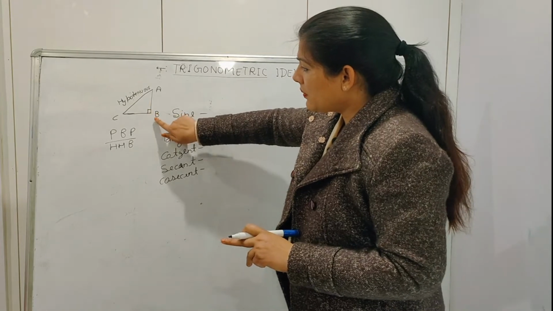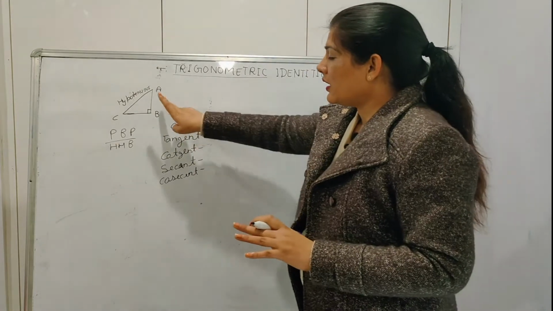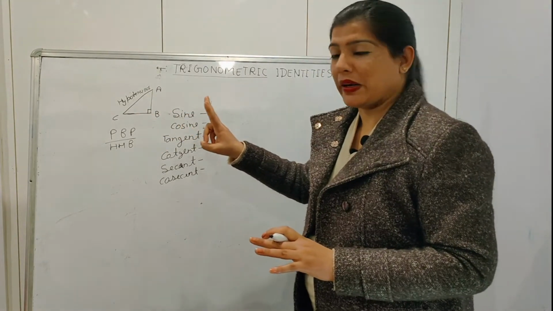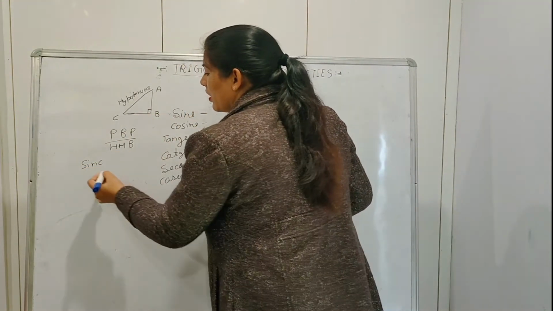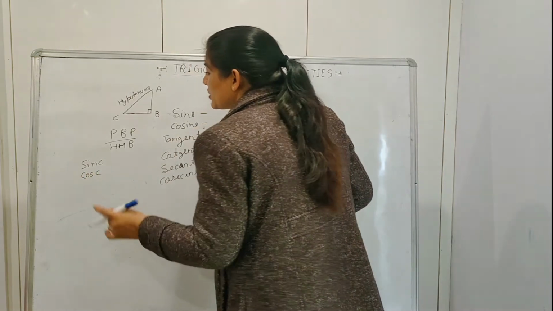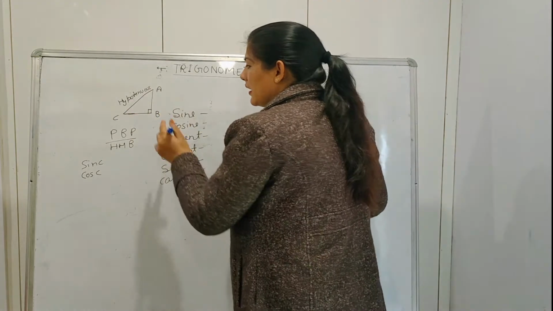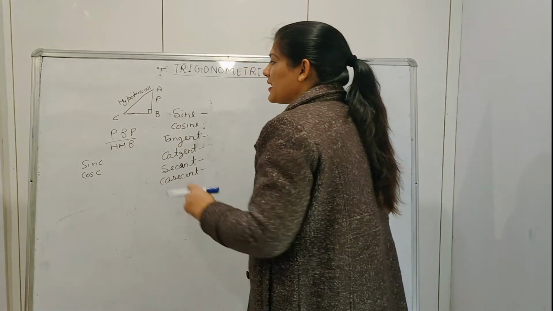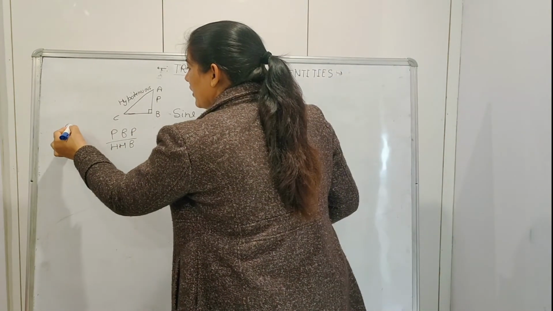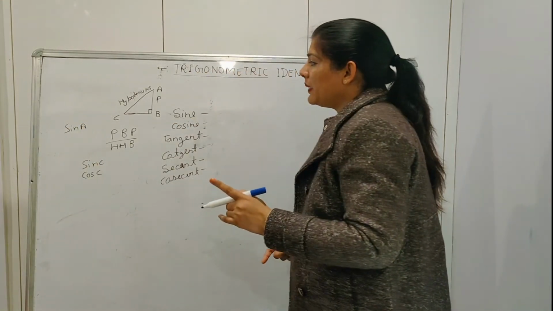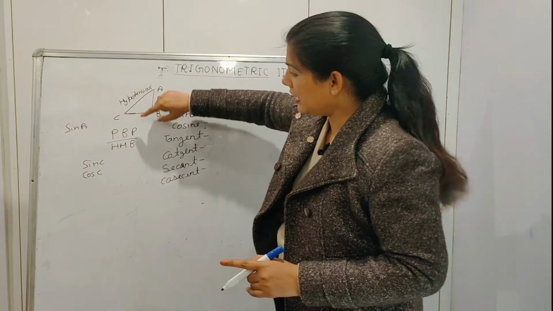except B, we have two angles here, angle C and angle A. So there must be two perpendiculars. If suppose we have to find sine C or cos C, then the perpendicular will be the opposite side to the angle C. Okay, so in this case perpendicular will be equals to AB, and if we have to find sine A, then the perpendicular will be equals to BC, because angle A is here and the opposite side to angle A is side BC.